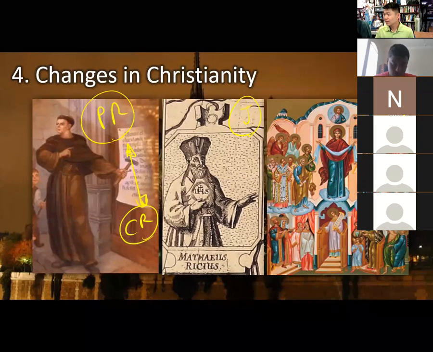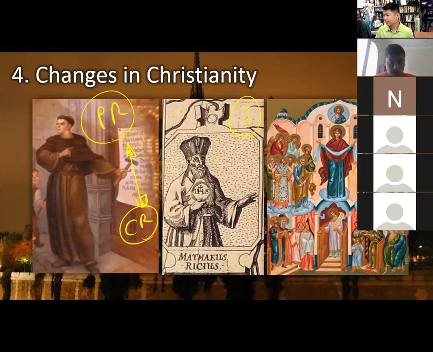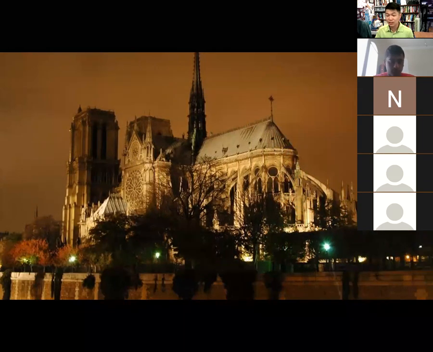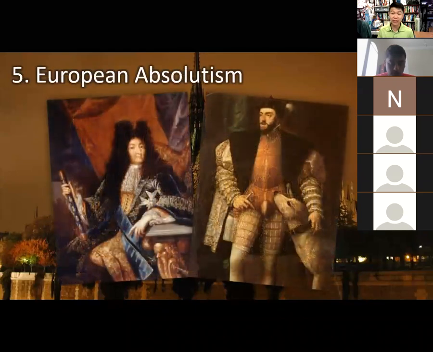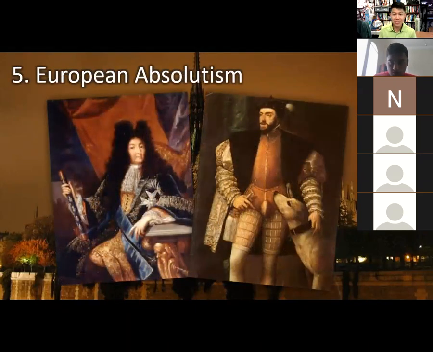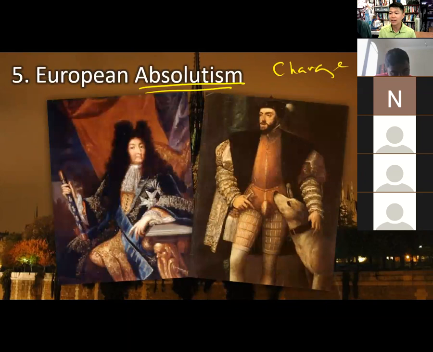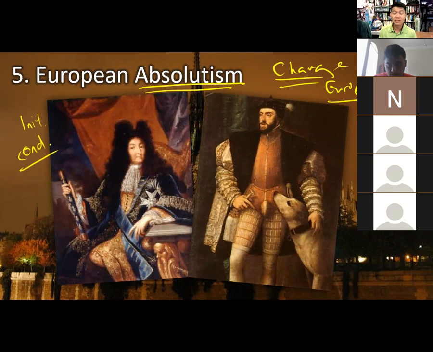All right, let's go to 5. Which of the following is true about both Spain and France in the period of 1450 to 1750? The type of governance, most of you guys got this, type of governance that developed in Europe. And this itself, if we were going to talk about absolutism as a change in Europe at this time, what would be the initial condition?